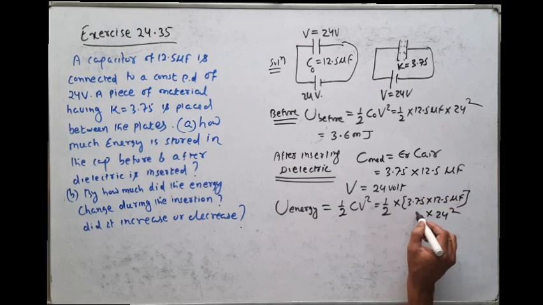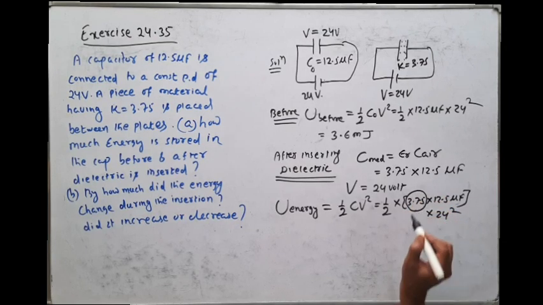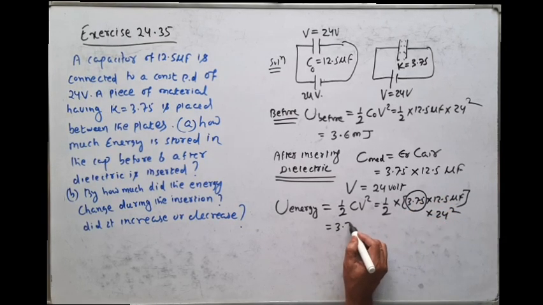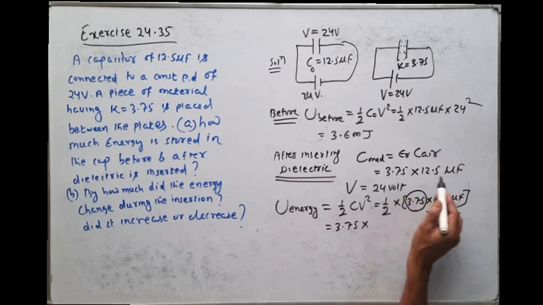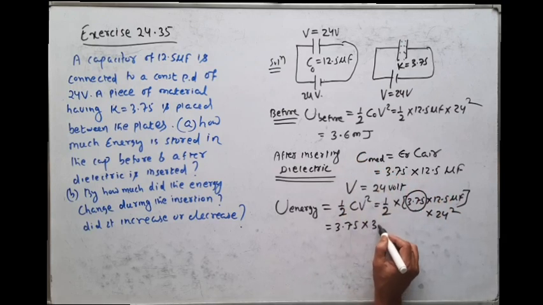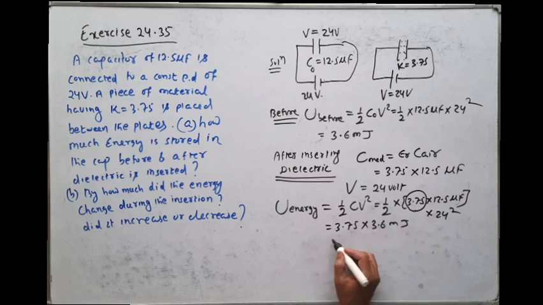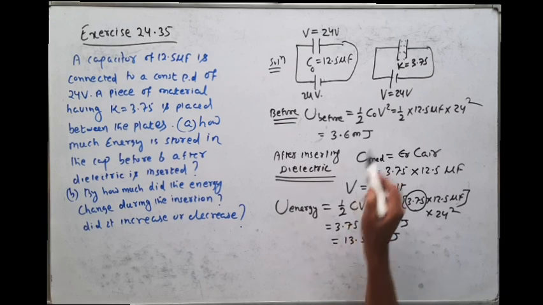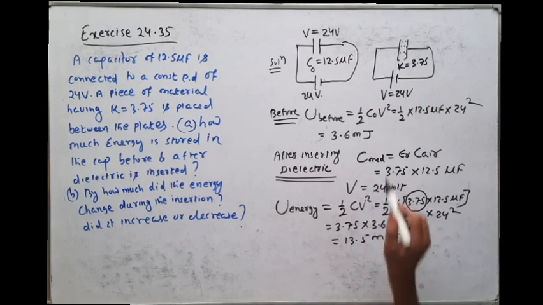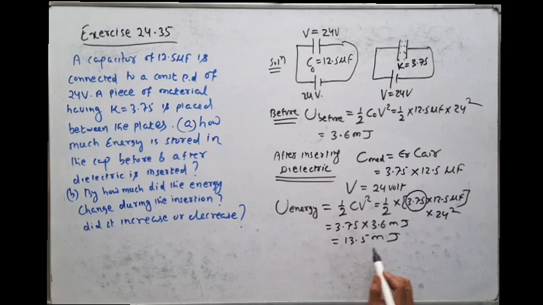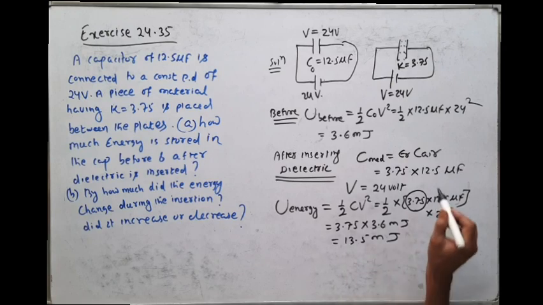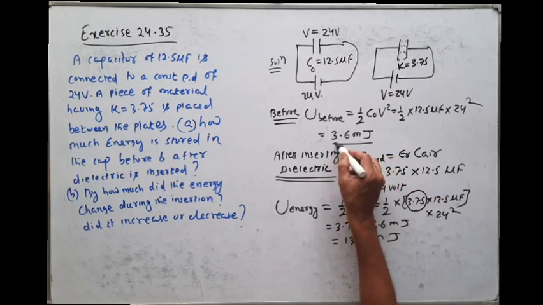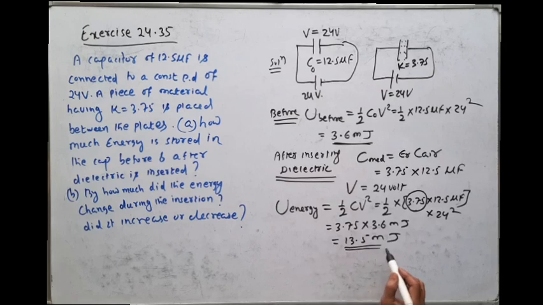So that means only this factor 3.75 times of the previous energy. Previous energy is how much? 3.6 millijoule. So if you multiply this, you will get 13.5 millijoule. So now after introducing the dielectric with same potential difference, the energy will increase from 3.6 millijoule to 13.5 millijoule.